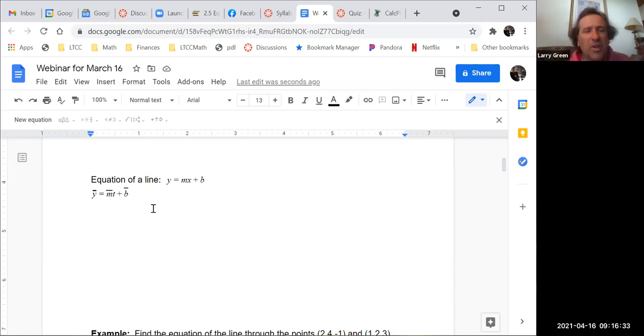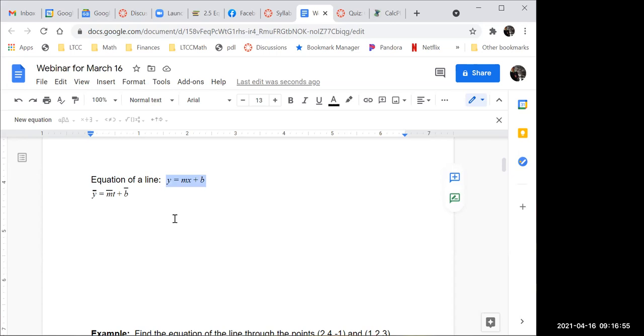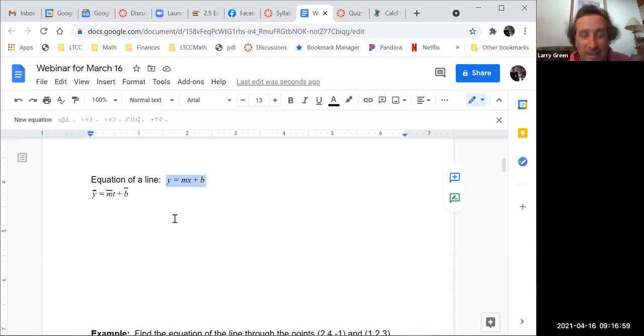There's only one line basically in R2 where y equals mx plus b doesn't work. Sorry, in R2, what line does y equals mx plus b not work for? A curve? A curve's not a line. There we go, a vertical line.